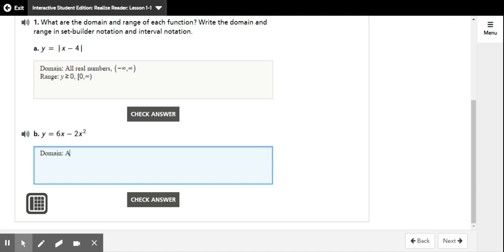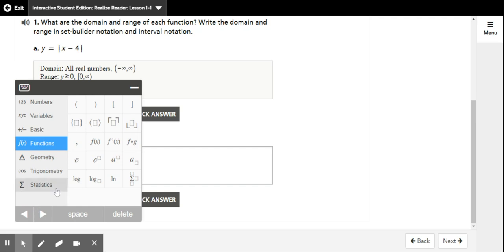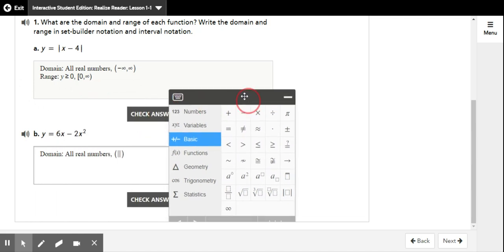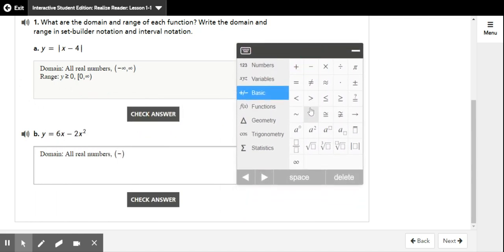Domain is all real numbers. And then it's going to be the infinity deal again. We'll need to go back and type a comma.